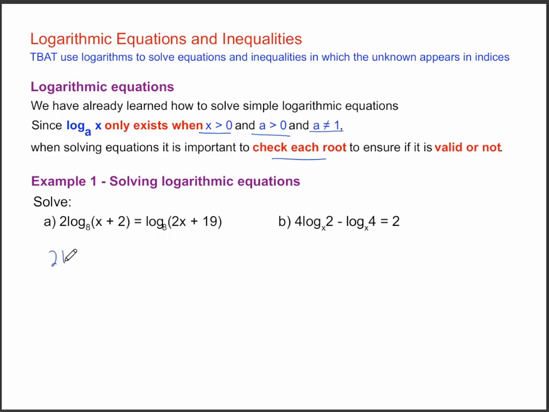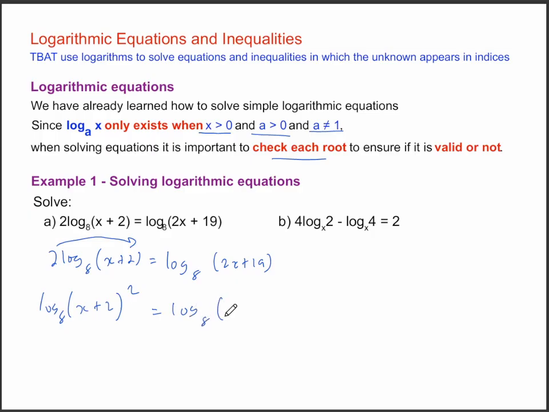So we can start with this right here. Here we have 2 log base 8 of x plus 2 is equal to log base 8 of 2x plus 19. Because of the power law, we can use the 2 as a power, so we have log base 8 of (x plus 2) squared equal to log base 8 of 2x plus 19. Here we are just comparing (x plus 2) squared to 2x plus 19.